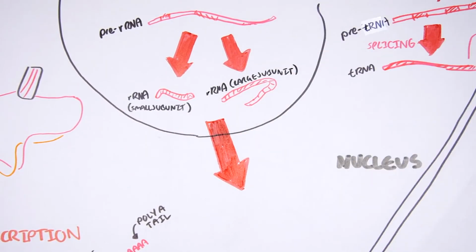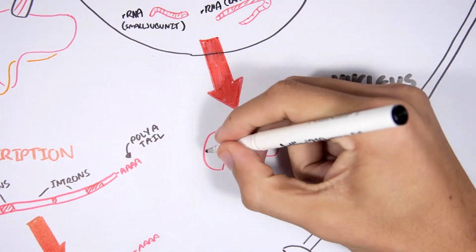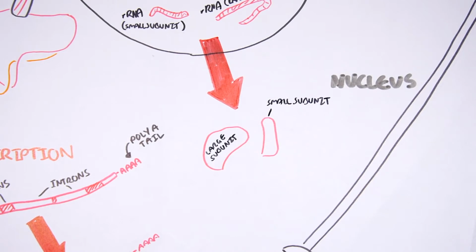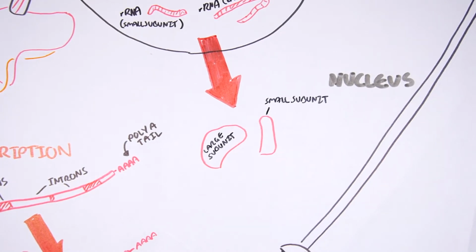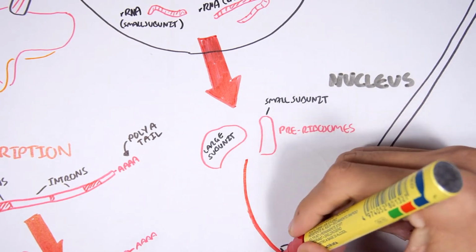These strands will then leave the nucleolus, where they will fold to form a small and large subunit of the ribosome. The subunits are still termed pre-ribosome in the nucleus. The pre-ribosome can then leave the nucleus into the cytoplasm.